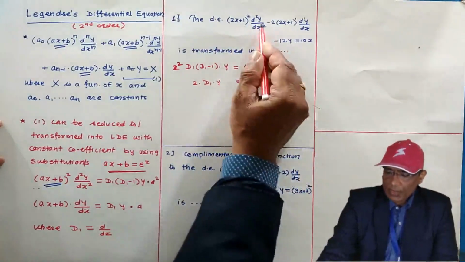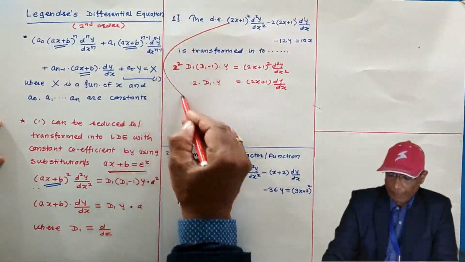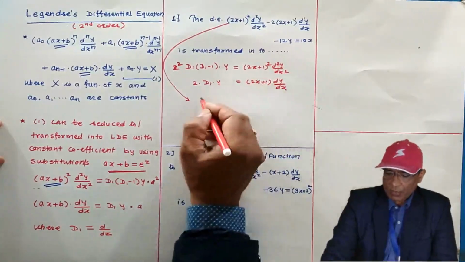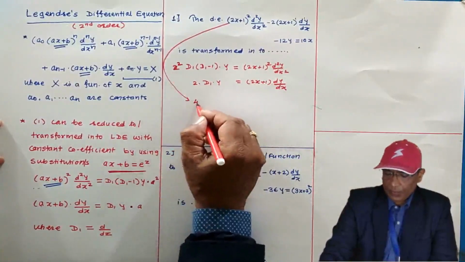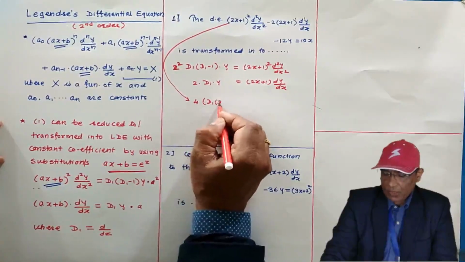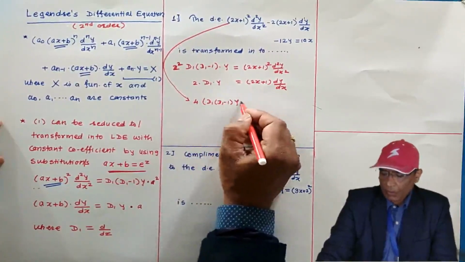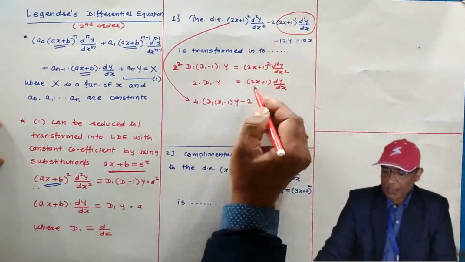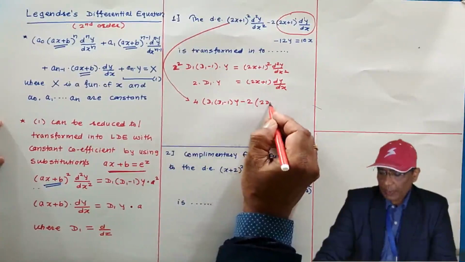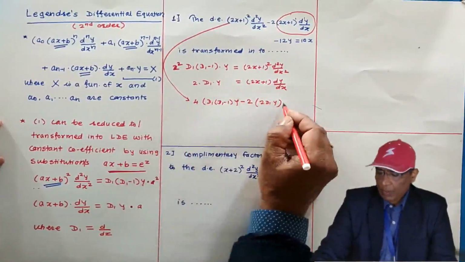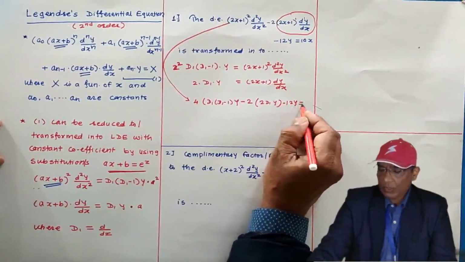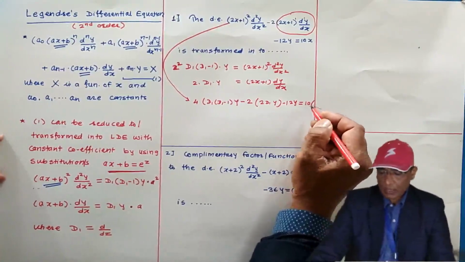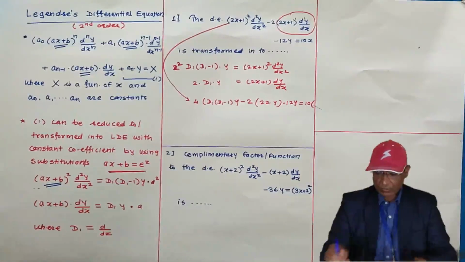Now, this equation can be written as: 2x plus 1 whole square d2y by dx square can be replaced by 2 square d1 minus 1 y, minus 2 as it is, 2x plus 1 dy by dx is replaced by 2 d1 y, minus 12y is equal to 10x. What is the value of x? Here, the value of x is to be found.